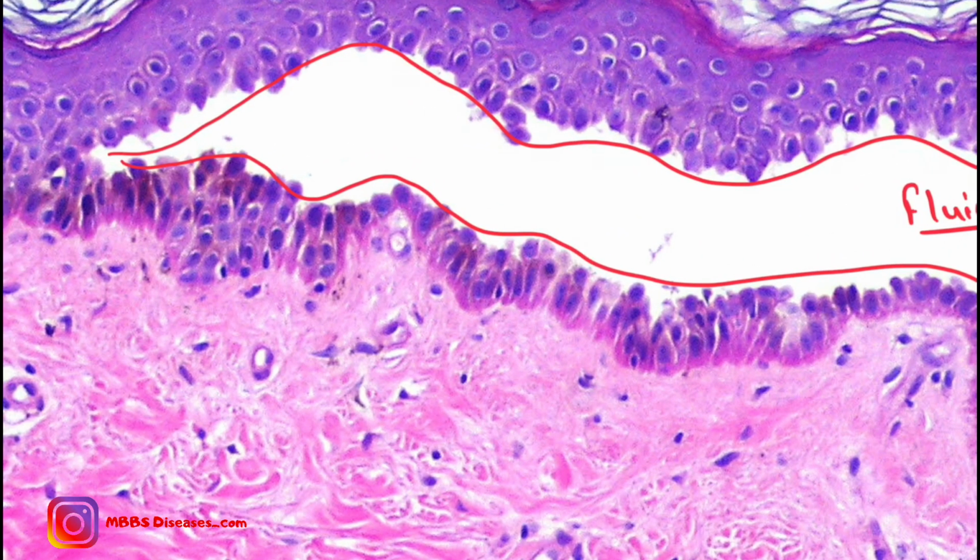Look at these cells. Because of the presence of fluid, you can see a tombstone-like pattern. So this is the tombstone-like appearance on the histology.